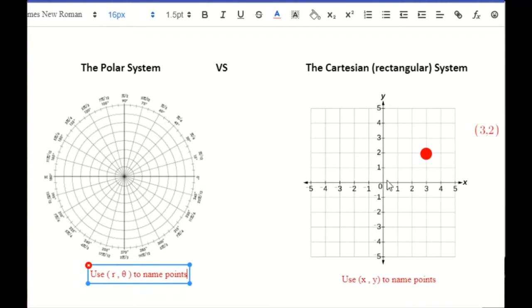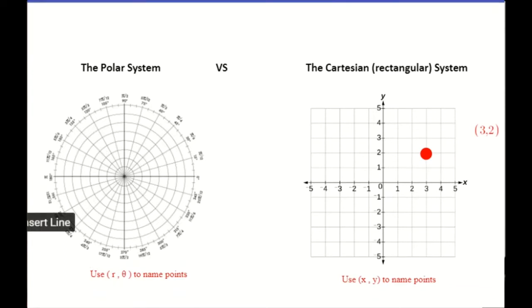It's just that in the Cartesian system, this point, 0, 0, is called the origin. In the polar system, this point is called the pole, and that's kind of why it's called the polar system. So this point right here is called the pole.